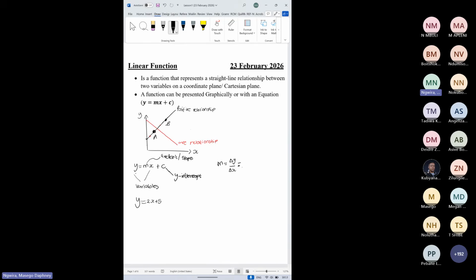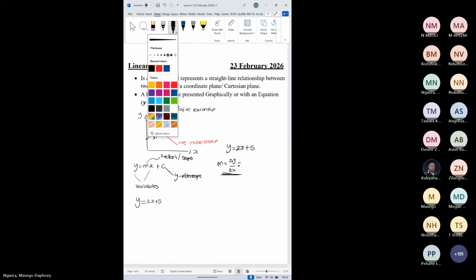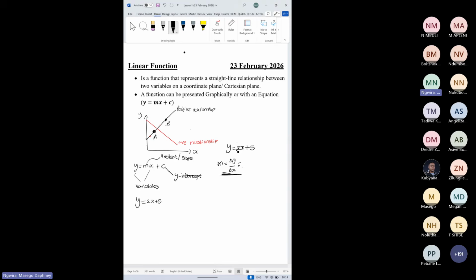Okay, so here I'm saying we have, for an example, y is equal to 2x plus 5. I was just explaining the gradient. I was saying that the slope is the change in y over the change in x. So if I'm given a function, which is y is equal to 2x plus 5, is it fine now?